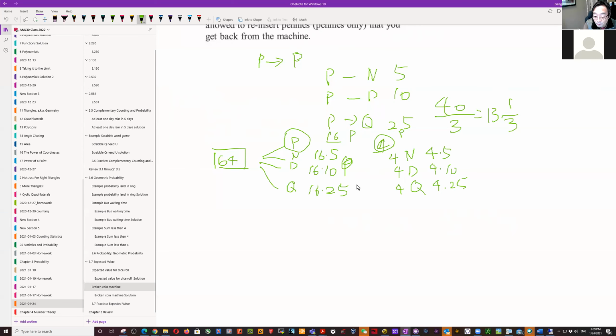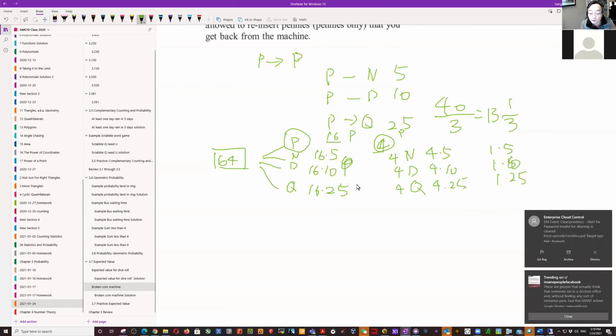Then I have 4 remaining. I do it again. I'm going to get 1 multiplied by 5, 1 multiplied by 10, and 1 multiplied by 25. So basically, you can add them up.